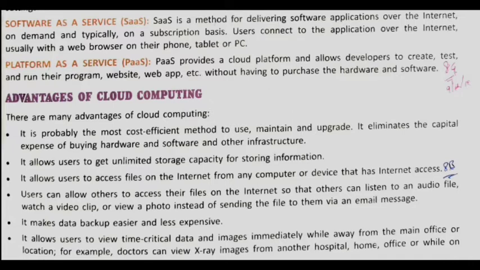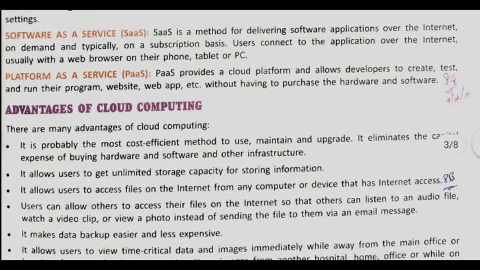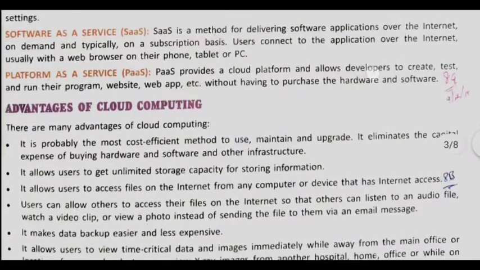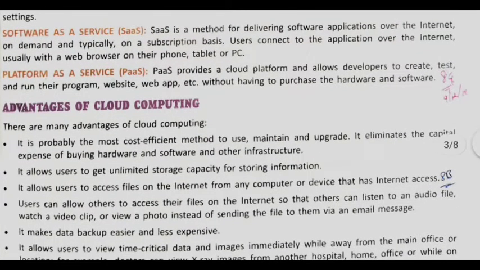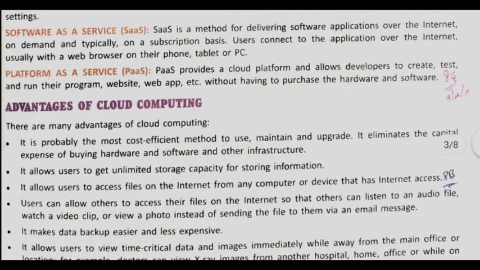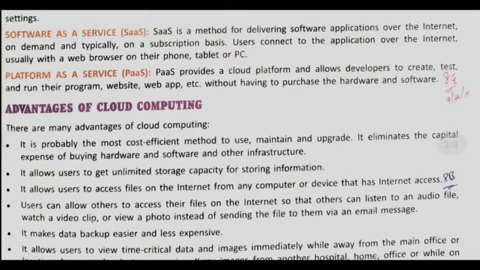It provides a cloud platform. This is for the developers. A developer means the programmer who develops some type of application, website, etc., and they need special software to create the application, to test it, and to run their programs without having to purchase the hardware or additional software. So online they can do this. That is called platform as a service.